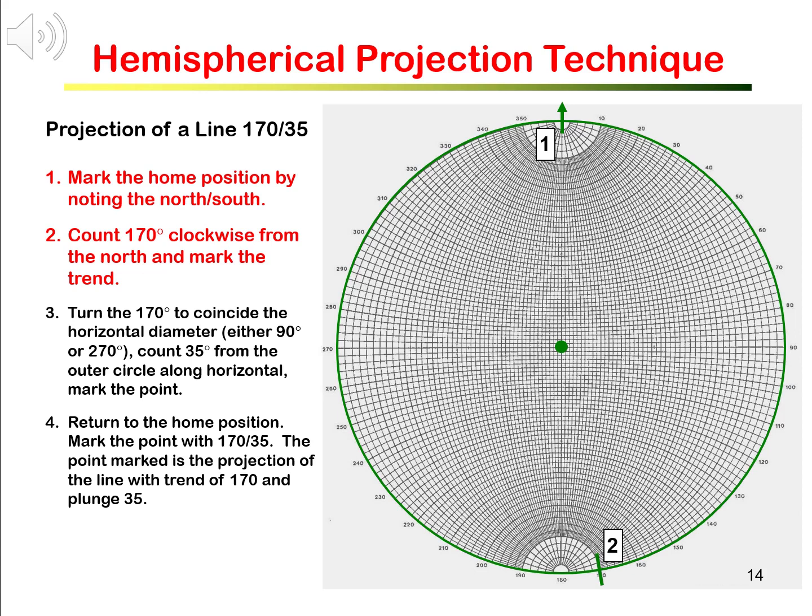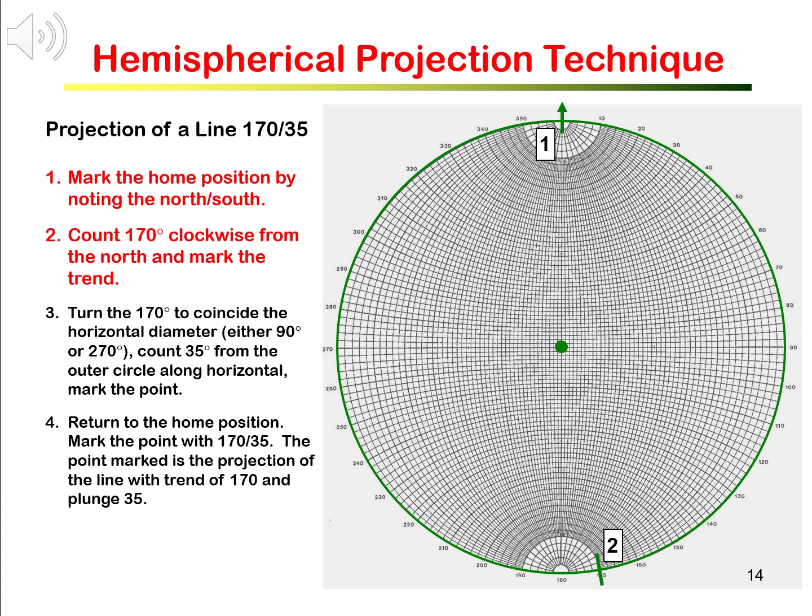Step 2, the trend of the line is 170. It is almost to the south. This is the direction measured from the north clockwise.